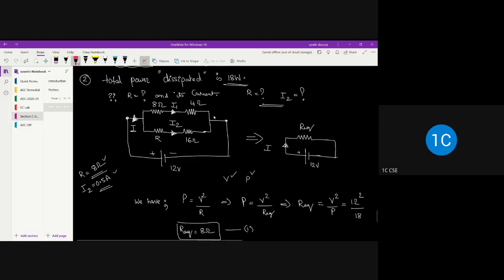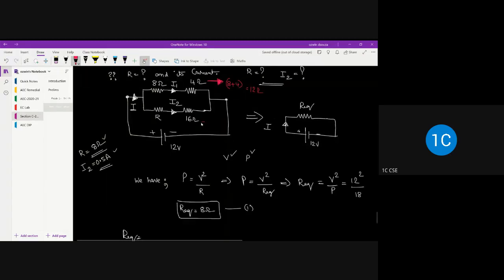To find R equivalent, we will first find the equivalent resistance of each branch. So 8 plus 4 is 12 ohm. In the lower arm of the circuit, the total resistance becomes R plus 16. So let me write it as R plus 16.